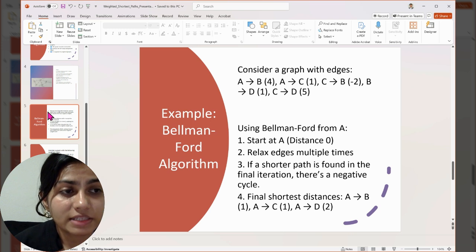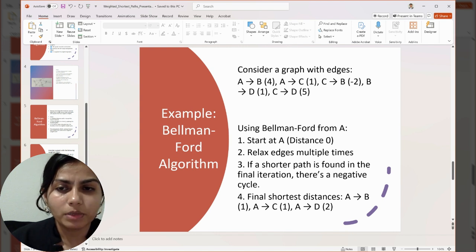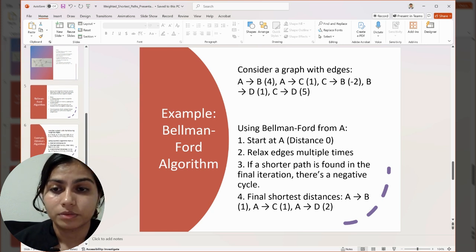But if any distance still improves in the Vth iteration, a negative cycle exists. Here the Bellman-Ford algorithm detects negative cycles. The time complexity of Bellman-Ford is O(VE), making it slower than Dijkstra's, but it is more powerful when dealing with negative weights.